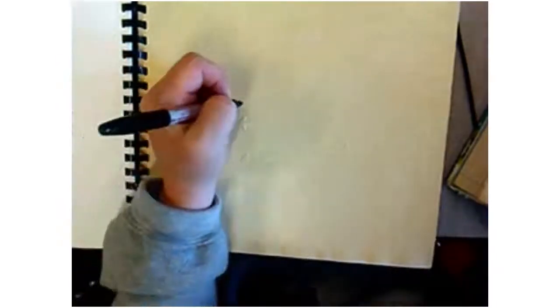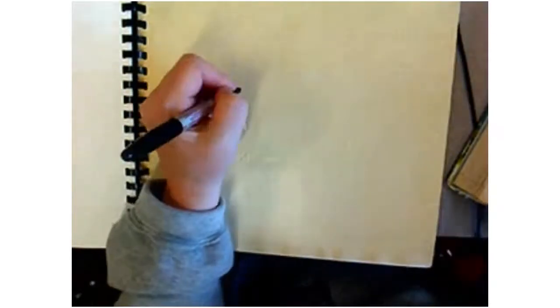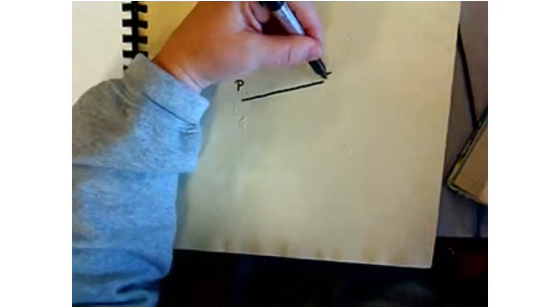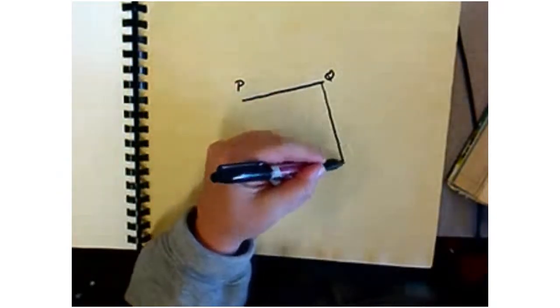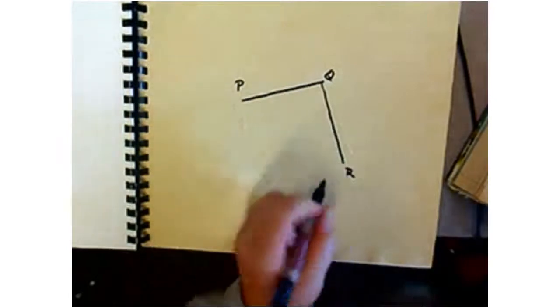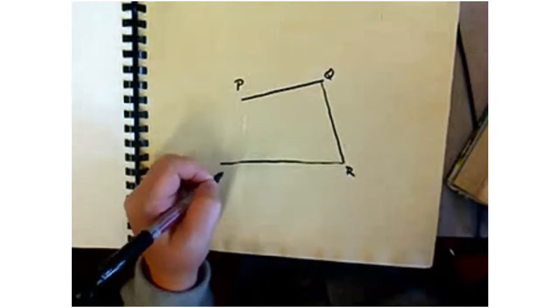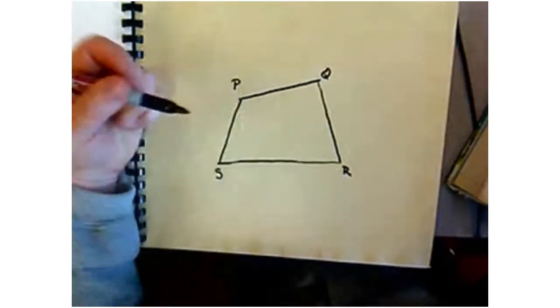So let's just make our way around the quadrilateral, ignoring those arrows. So start at the top left vertex P, and go to the top right vertex Q, and then the bottom right vertex R, and then back to the bottom left vertex S, and then back up to P. So there's the outline of this quadrilateral.